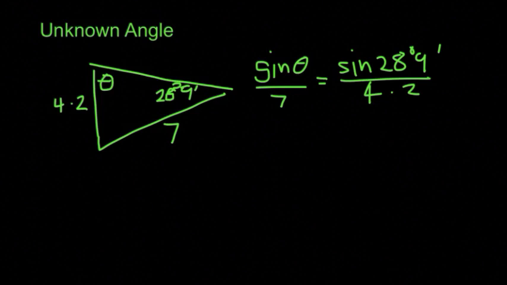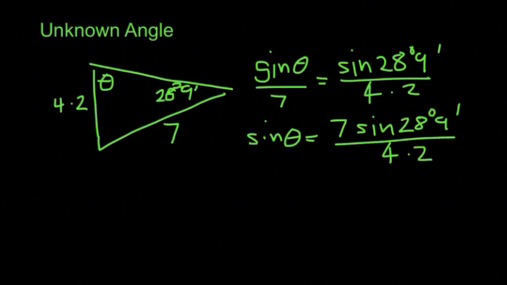What we want to do is get rid of the divide by 7, so we find that sine theta is equal to 7 sine 28 degrees and 9 minutes all over 4.2, and because we're actually trying to find the size of an angle, we have to get rid of the sine of theta. We access the inverse trig function, which is sine to the power of minus 1.